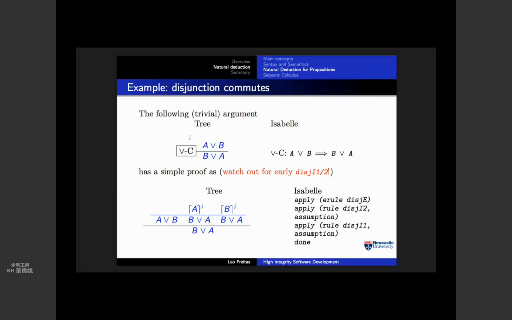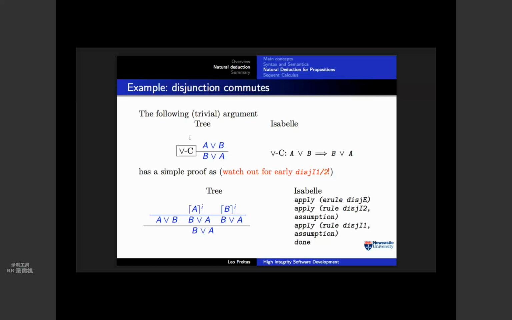Now for the disjunction elimination, I'll try and put this the other way around this time. So if we are proving that B or A is true, the proof of interest is A or B is B or A. That's your premise.